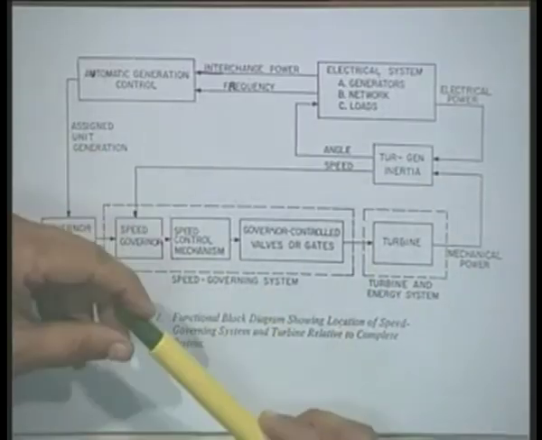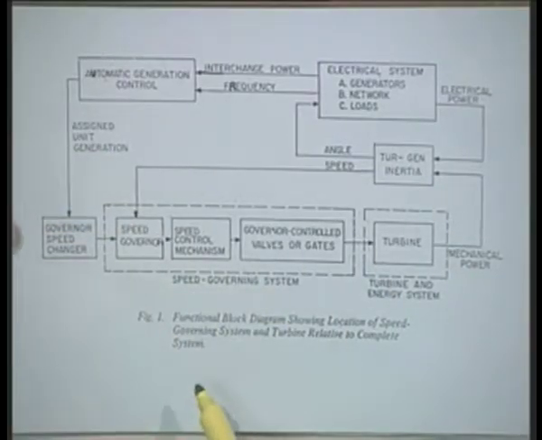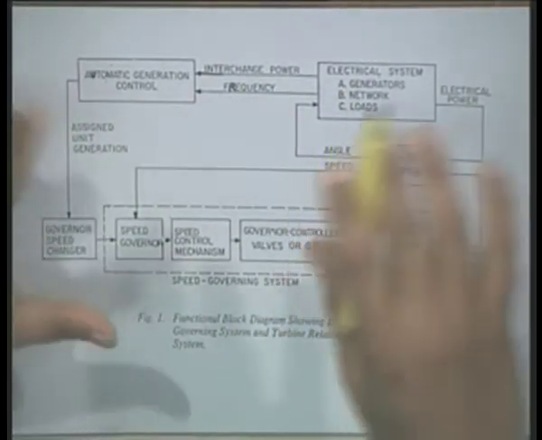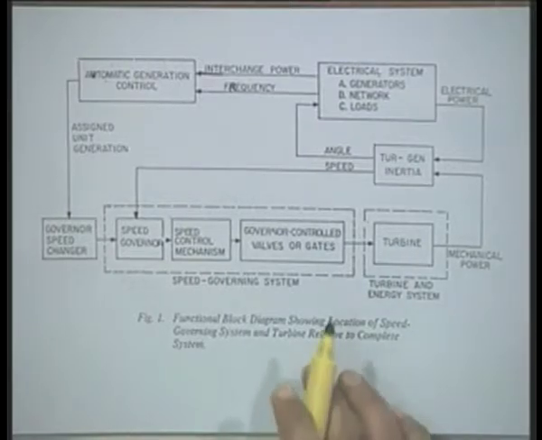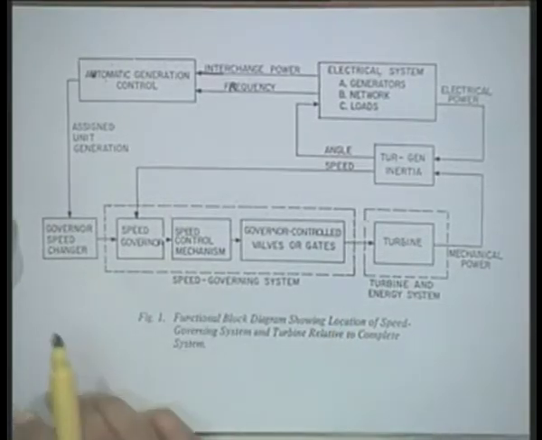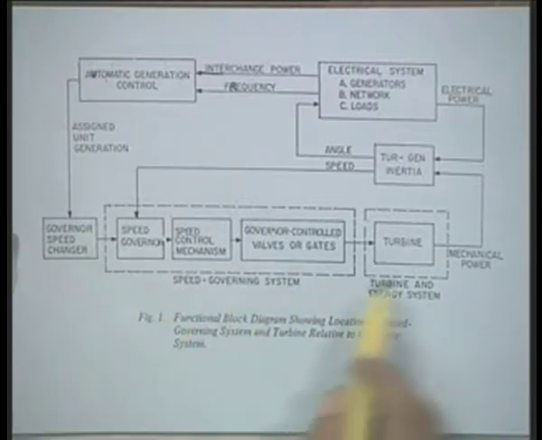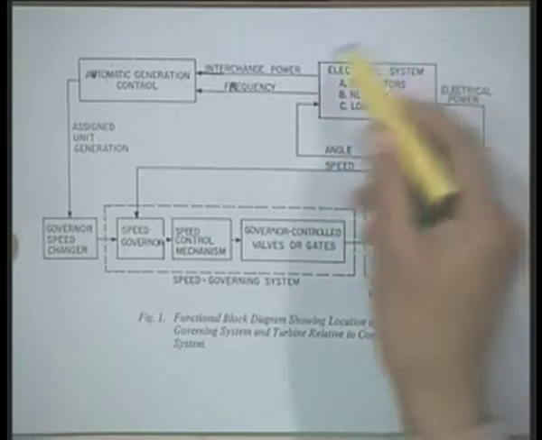Now, before we develop this, let us look at this block diagram. This block diagram shows the complete power system. Now, you can identify here the different blocks. Suppose you start with the power system network.